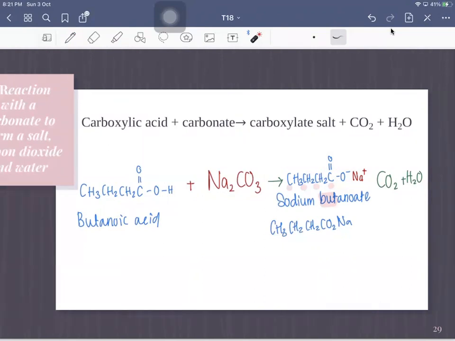Usually what I mean by any, of course, is they usually come from the group 1, group 2 metals, because the rest of the groups behave differently. So usually we deal with group 1 and group 2 metals only.